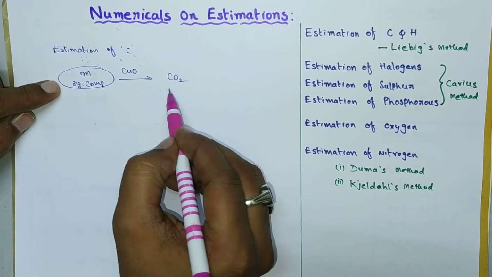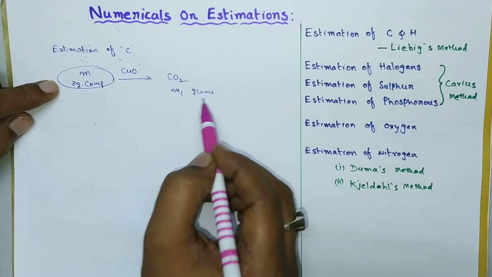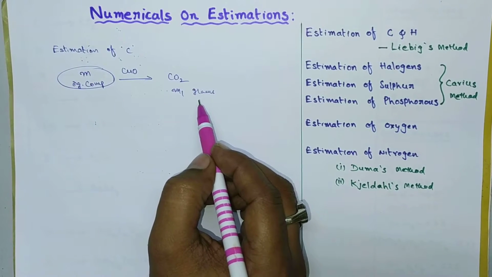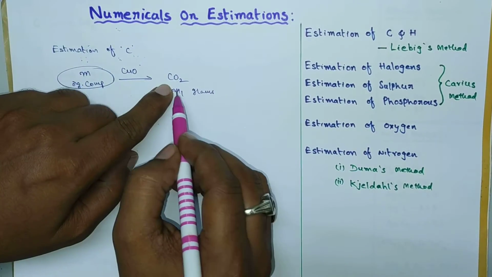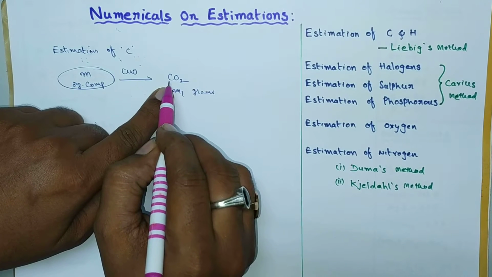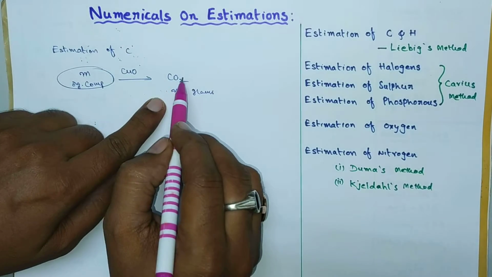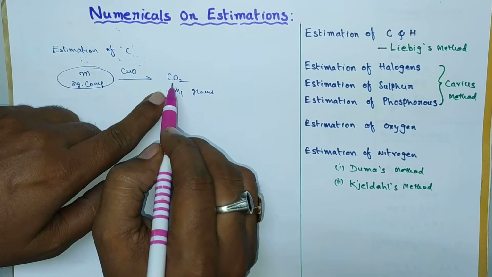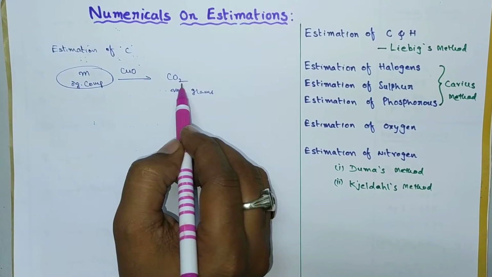Let m1 grams of carbon dioxide be produced. In that m1 grams of carbon dioxide, we have to estimate the amount of carbon present. Let us consider the molar mass of carbon dioxide, which is 44.